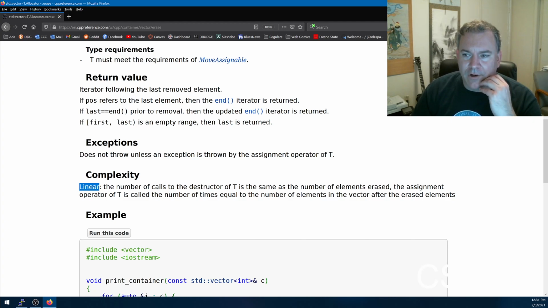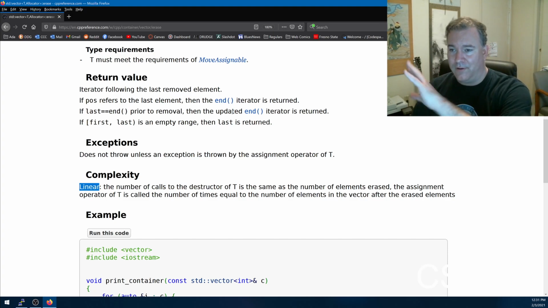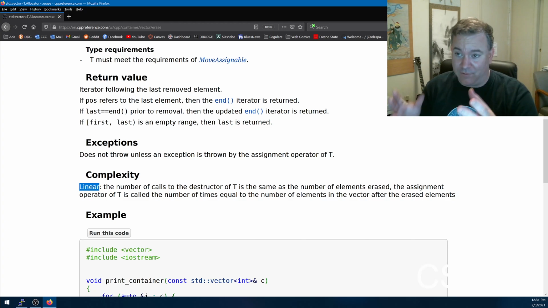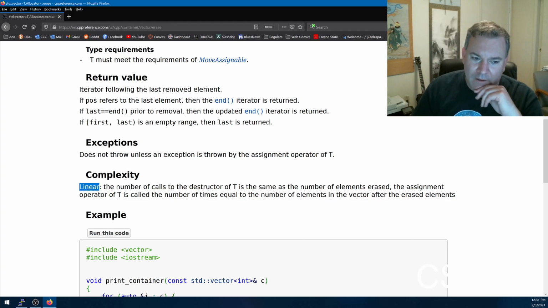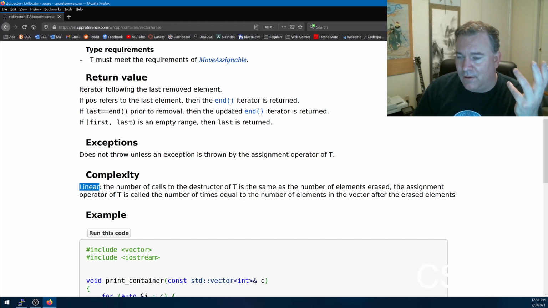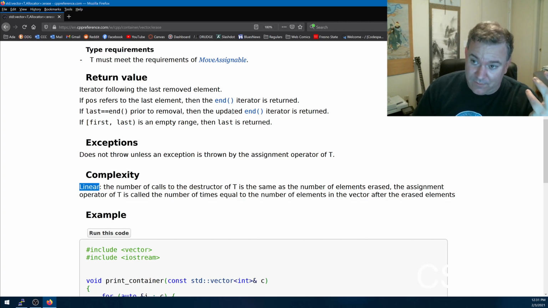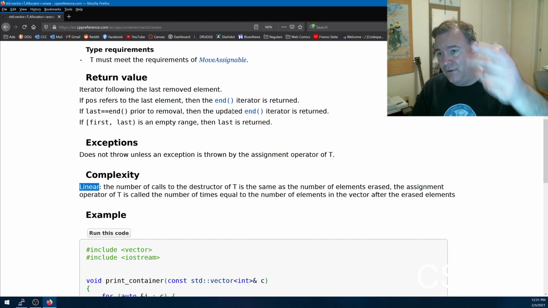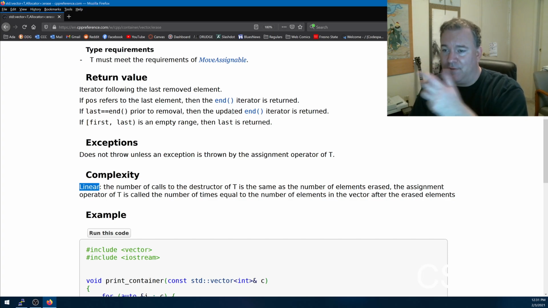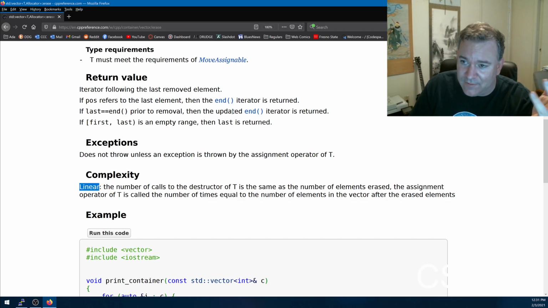When you erase something from a vector, you have to move all the elements to the right of it one spot to the left, so there's no gap. You can't have a gap in a vector. So worst case scenario, you're erasing the first thing in it, and you have to move essentially n elements to the left. N is always the size of the vector, or whatever operation you're trying to do.